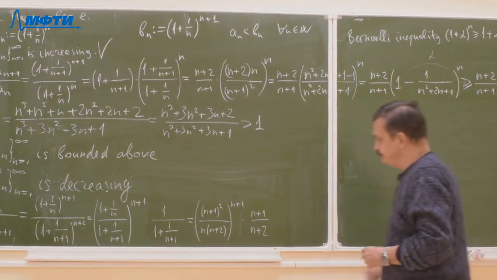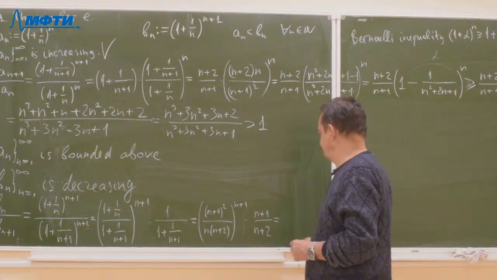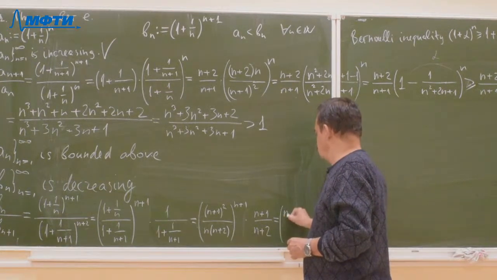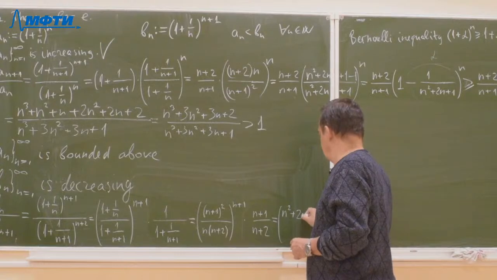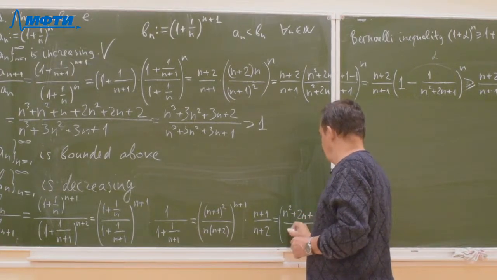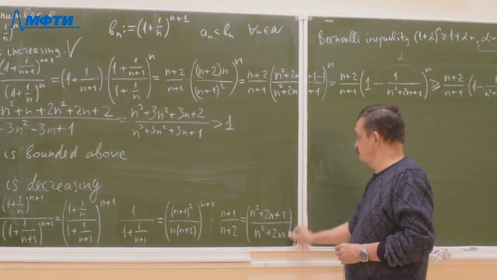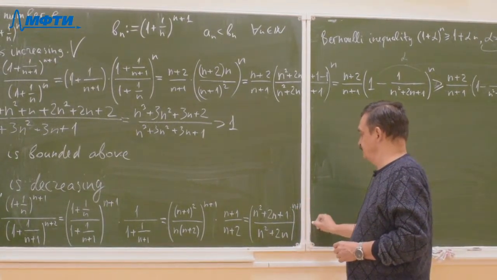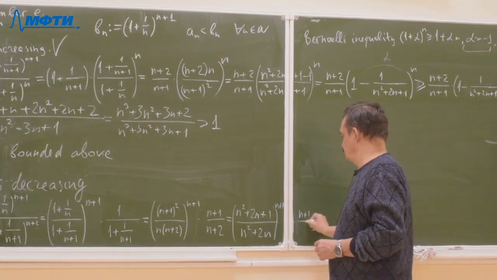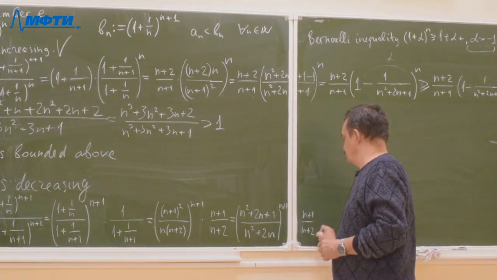Then that is n squared plus 2n plus 1 over n squared plus 2n power n plus 1 times n plus 1 over n plus 2.